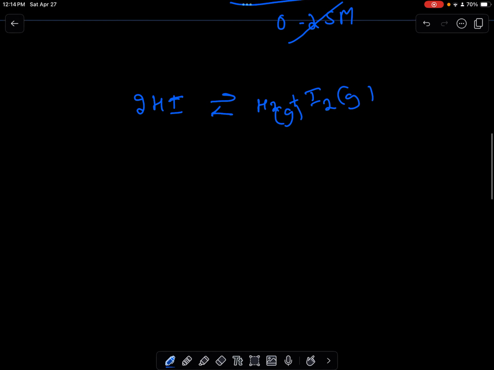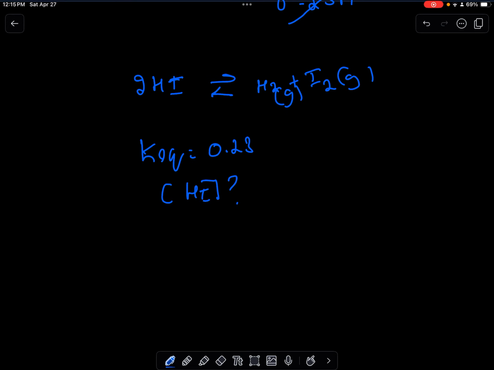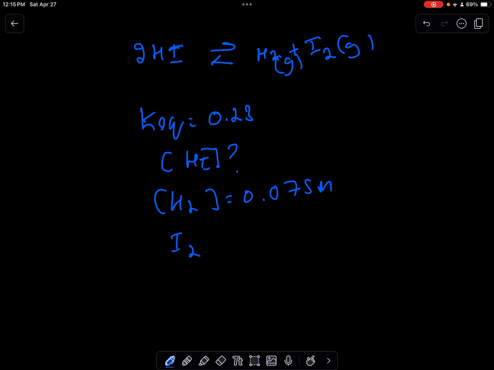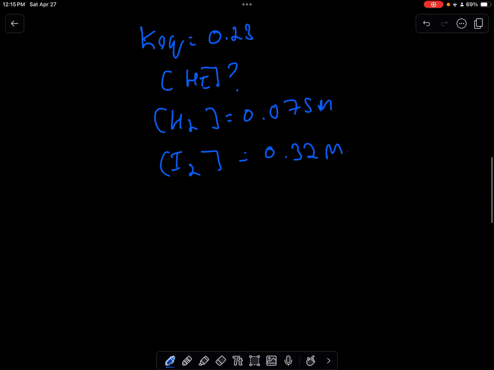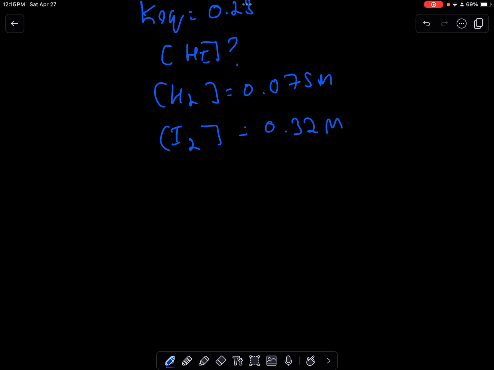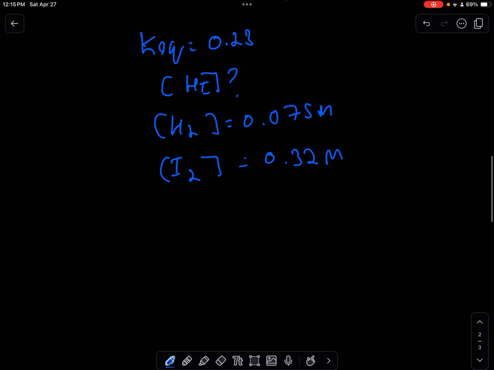Okay, so this time we will say that the KEQ is 0.23. What is the equilibrium concentration of HI? So we are trying to figure this out, if we know that H2 is 0.075 molar and I2 is 0.32 molar. So we've been given the equilibrium constant and we have one unknown.